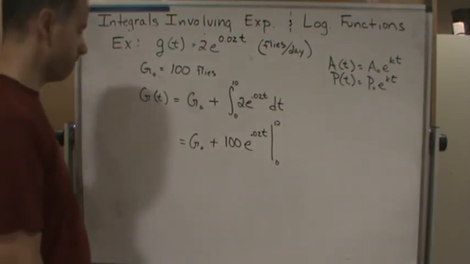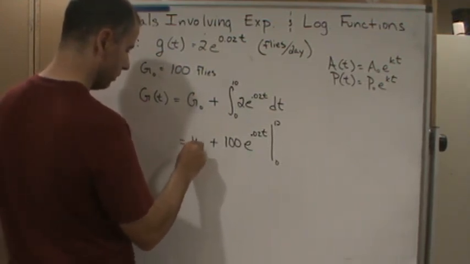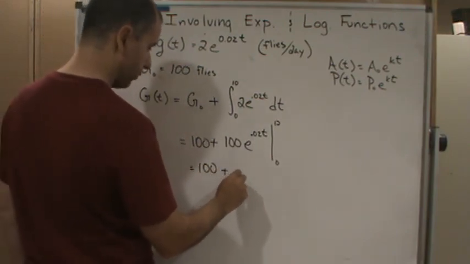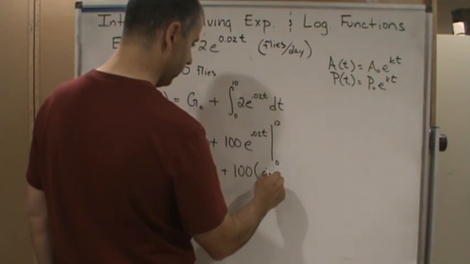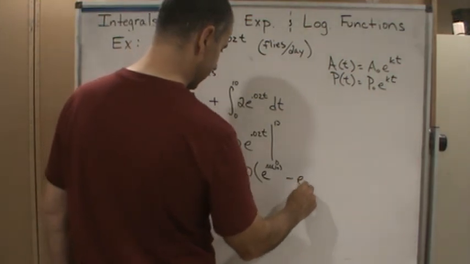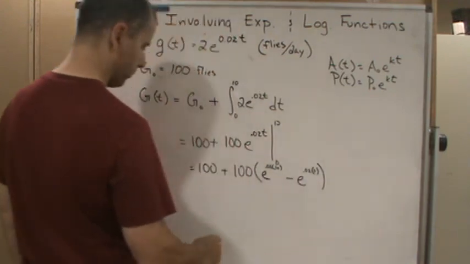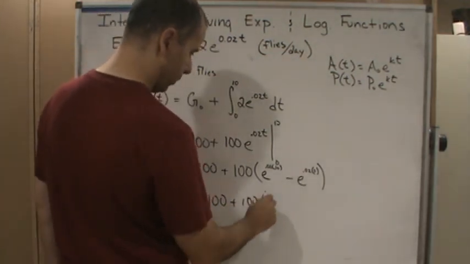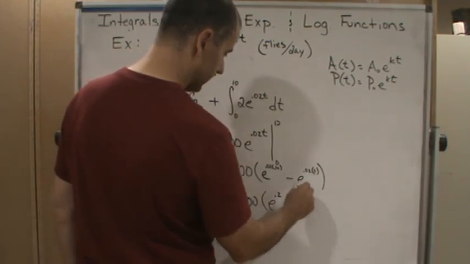So I get 100 plus 100 times e to the 0.02 times 10 minus e to the 0.02 times 0, which equals 100 plus 100 times e to the 0.2 minus e to the 0, which is 1.